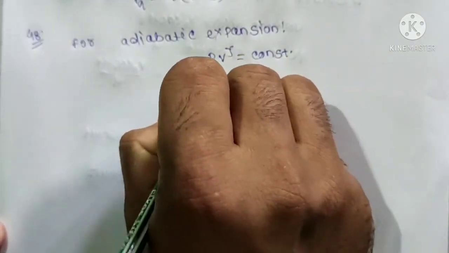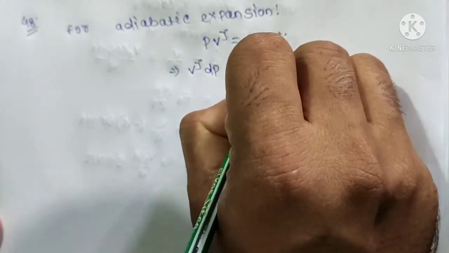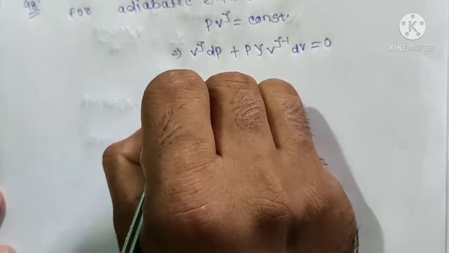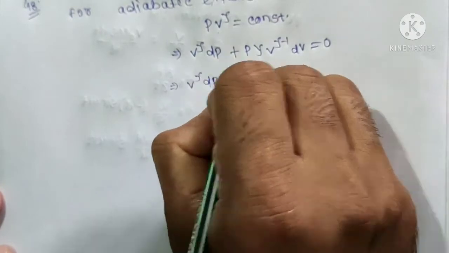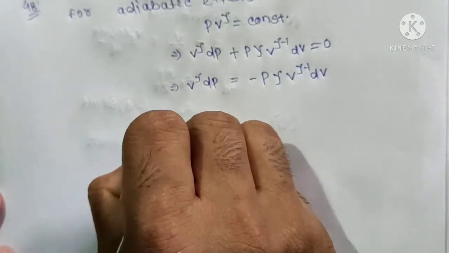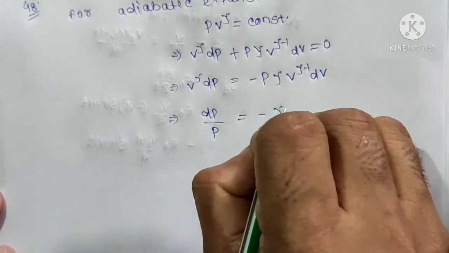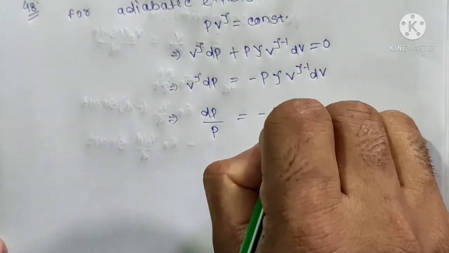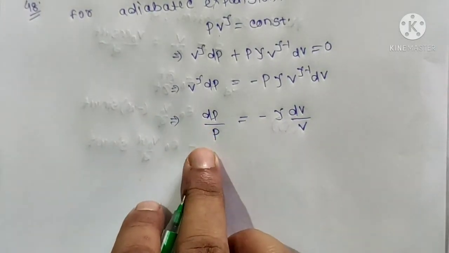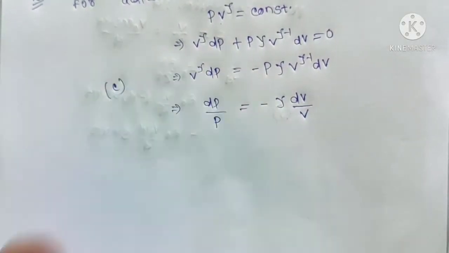So V gamma dP plus P gamma V gamma minus 1 dV equal to 0, and V gamma dP equal to minus P gamma V gamma minus 1 dV, and dP by P equal to minus gamma, so dV by V. So dP by P equal to minus gamma dV by V. So your correct option is option C.